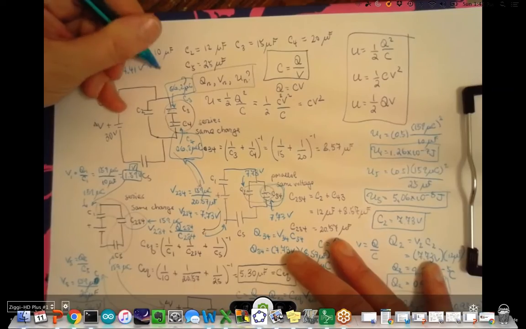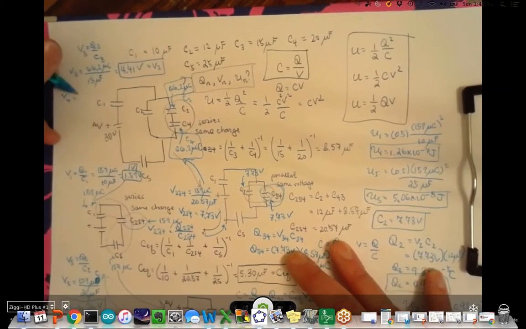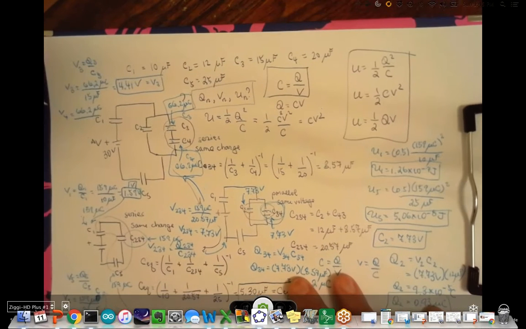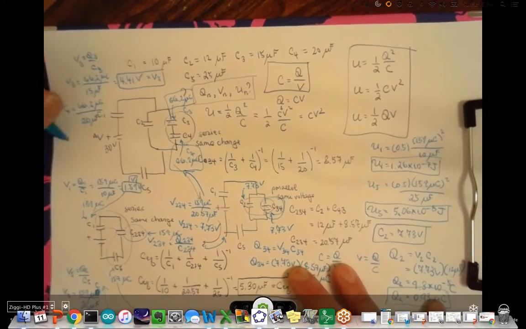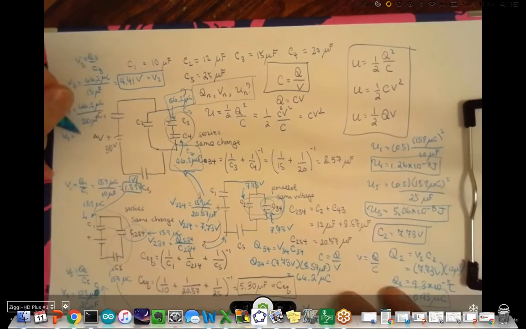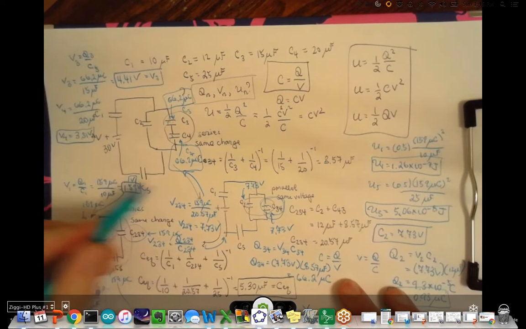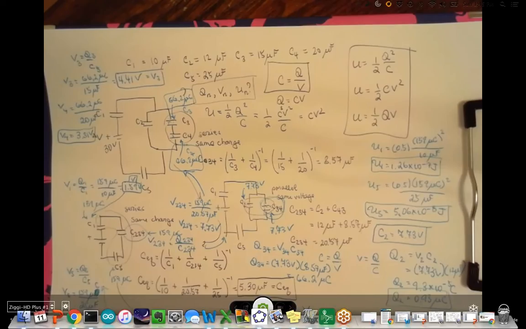And V4 is 66.2 microcoulombs divided by C4, which was 20 microfarads, so V4 is 3.31 volts. And remember, if we add these together, we should get back about 7.73. So 3.31 plus 4.41 is 7.72, so close enough.